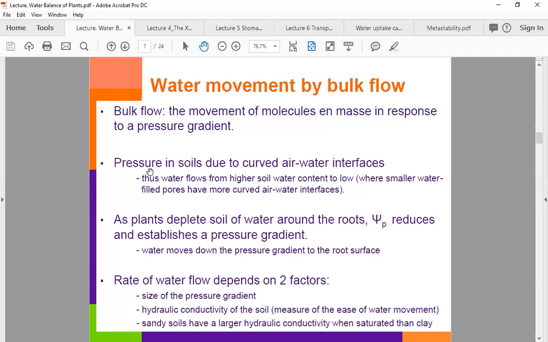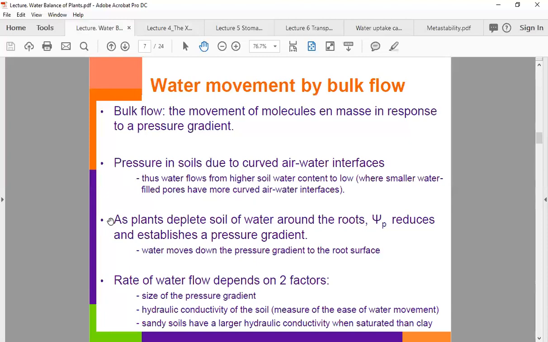So we've seen that pressure in soils is a negative pressure, and this develops due to those curved air-water interfaces. We know that water will flow from high soil water content to low soil water content. In other words, it flows towards those smaller water-filled pores that have the more curved air-water interfaces, in other words, the higher pressure.